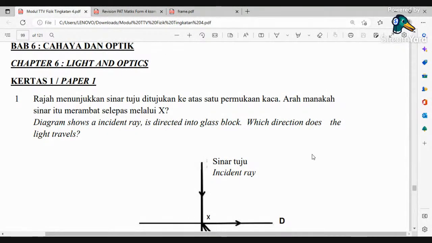All right, today we continue our online class series, part 5. Today I will discuss chapter 6, light and optics. Before that, let's refresh some important points in this topic.